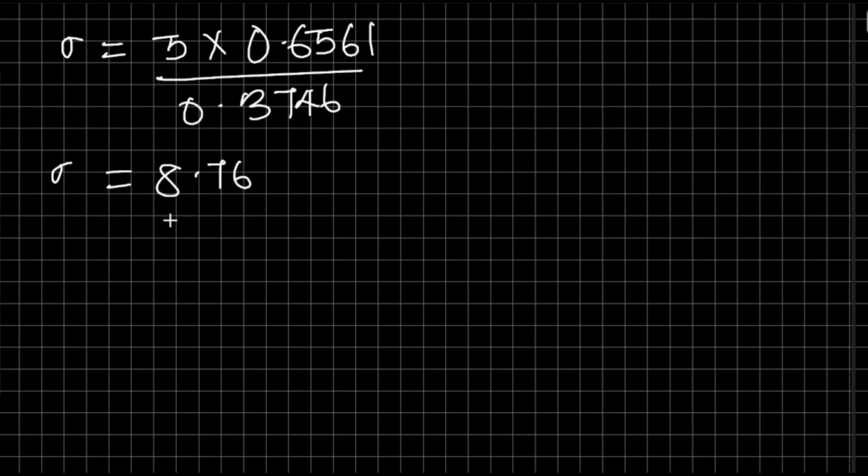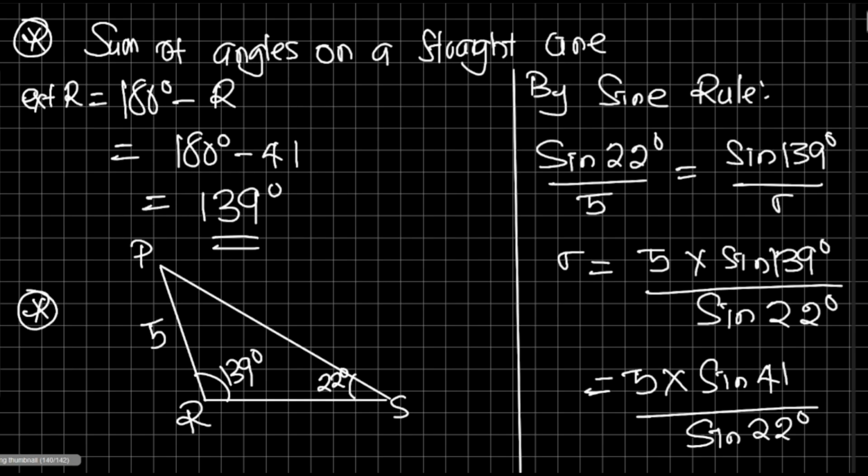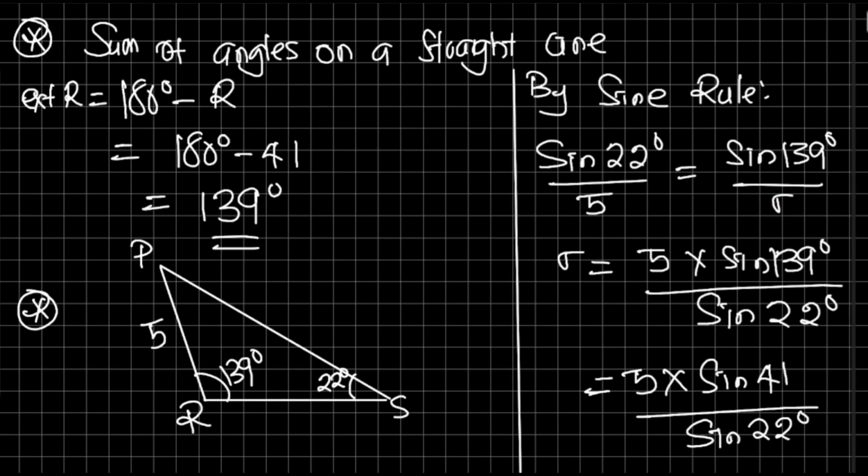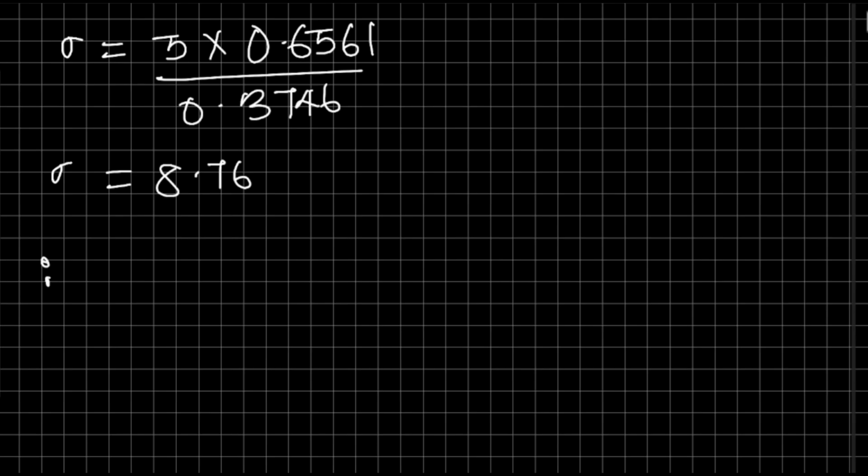How many decimal places are we to give our answer? To 2 decimal places. So we conclude that PS is equal to 8.76 centimeters to 2 decimal places.